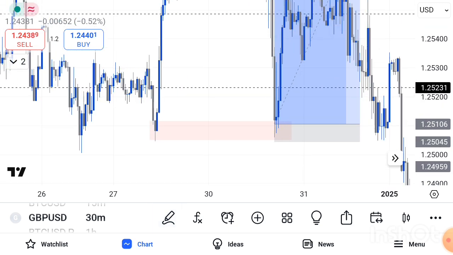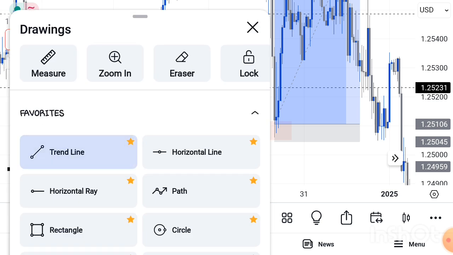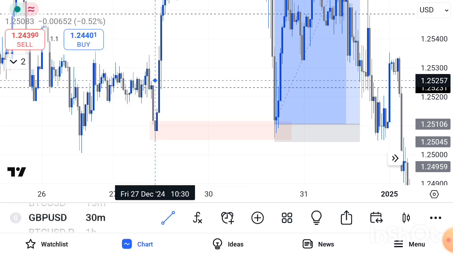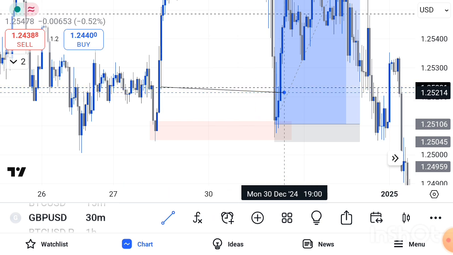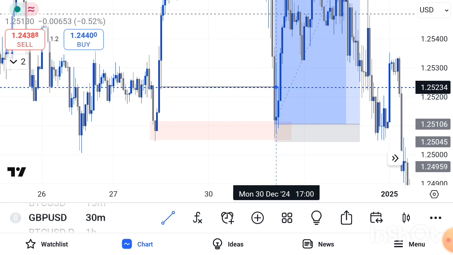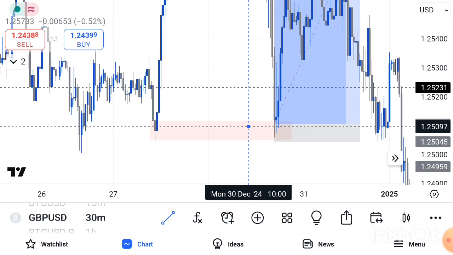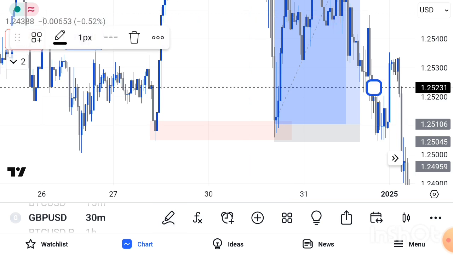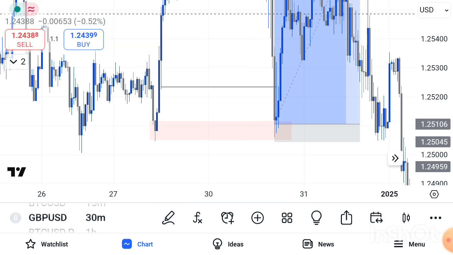Okay, so let me go ahead and explain where liquidity was seen at this point. Let me explain right here. You can see a dotted line here. I think it's a zone I marked out, so let me delete that dotted line. So you can see this right here. That is your liquidity.